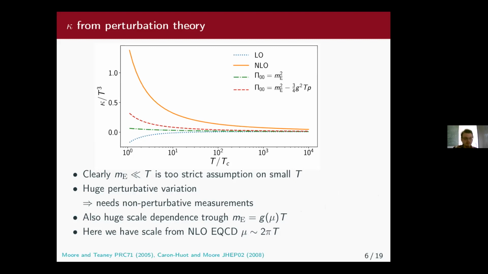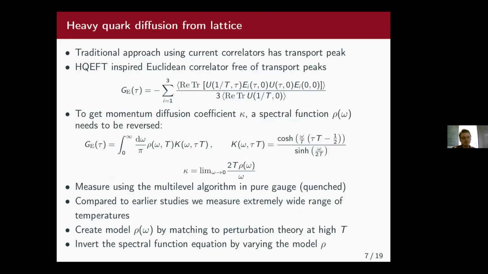Finally, you could measure this heavy quark diffusion coefficient on the lattice using just heavy quark current correlators, but those have a very small transport peak at zero, where you are supposed to extract this coefficient, and it's very hard to get satisfactory results that way.